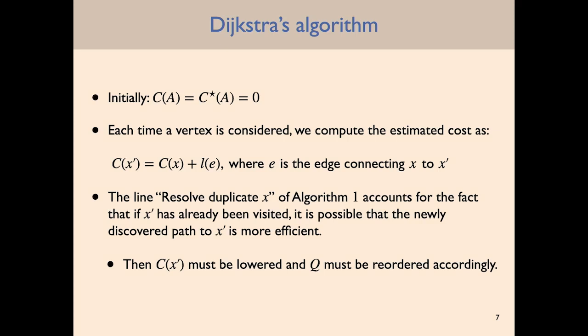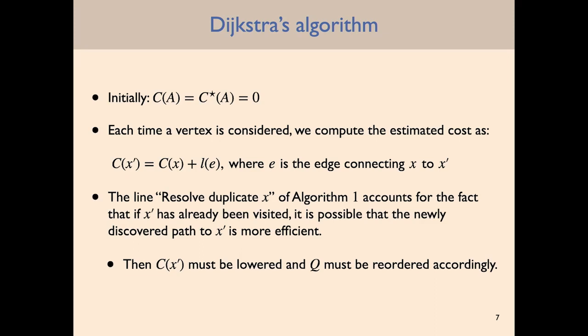Okay, and then the line I mentioned at the beginning of the lecture, resolve duplicate x of the algorithm, is basically going to account for the fact that there might be multiple ways to get to some vertex x prime. There might be one way we got to x prime previously in the algorithm. Maybe, while exploring the graph a bit more, we found a different way to get to x prime. We're going to update the estimated cost to come for x prime if the newly found path is better than the one we found before.